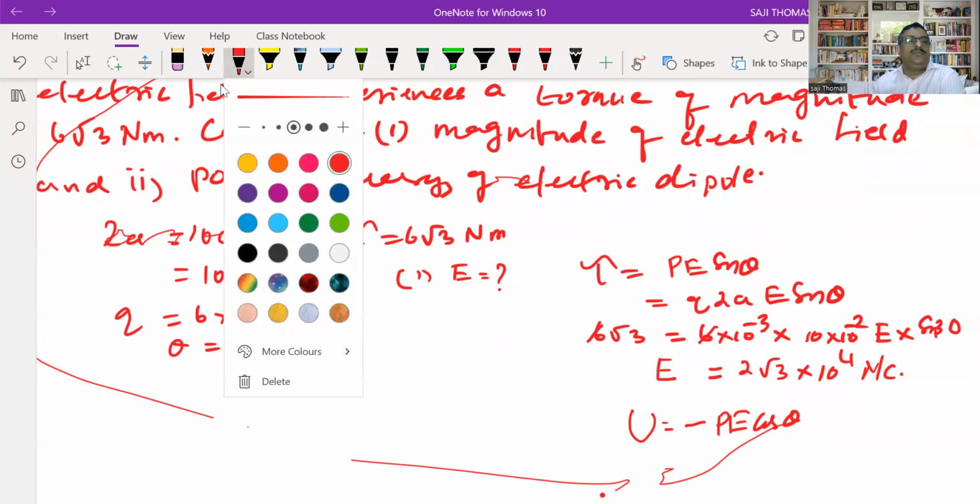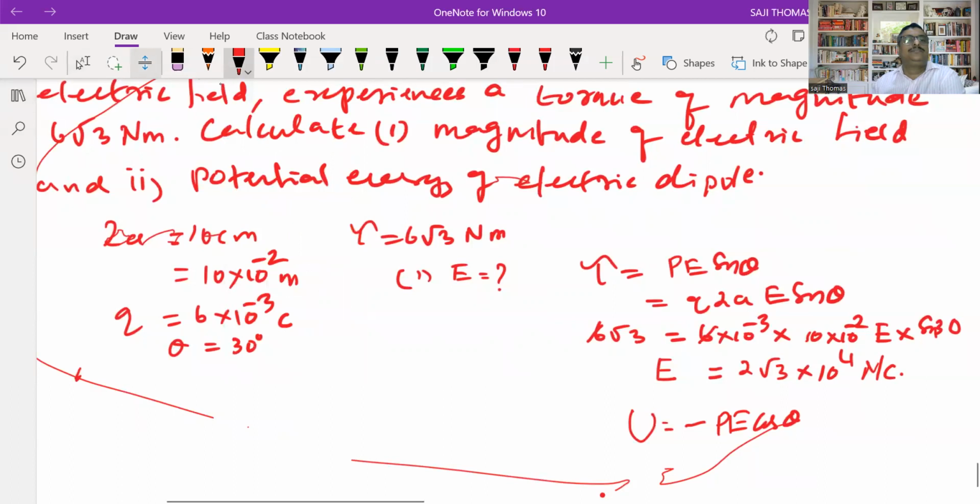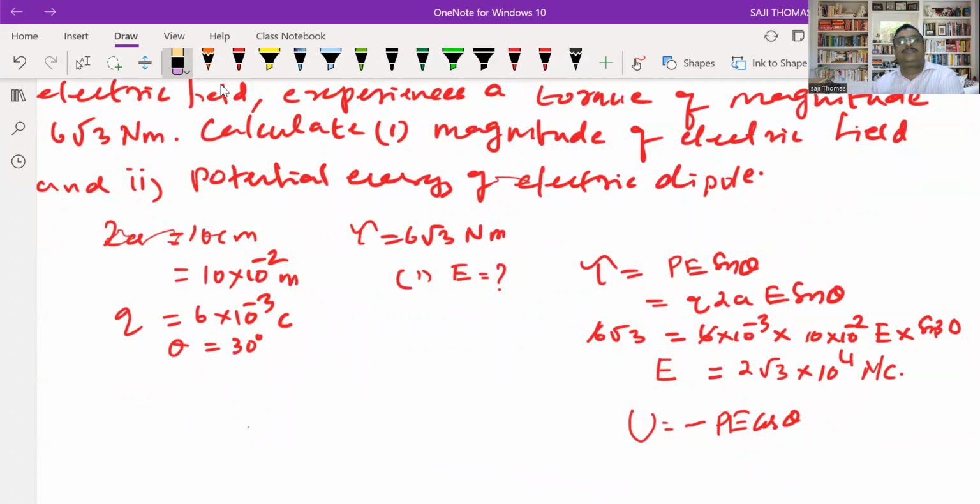So just apply the formula. P is Q into 2A.